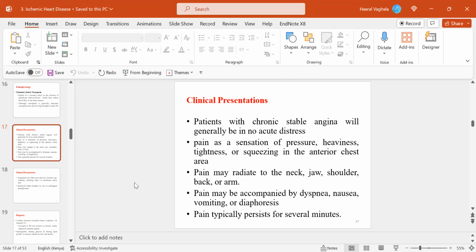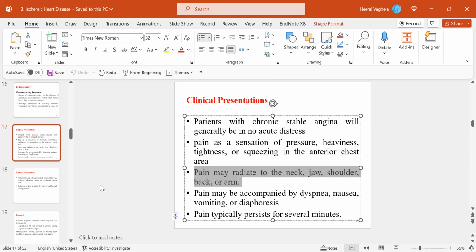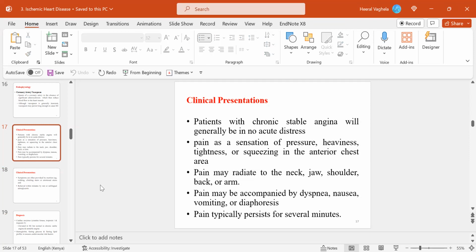Usually the pain radiates to the neck, jaw, shoulder, back, or arm. The patient may also feel nauseous or like vomiting, just those symptoms associated with heart diseases.